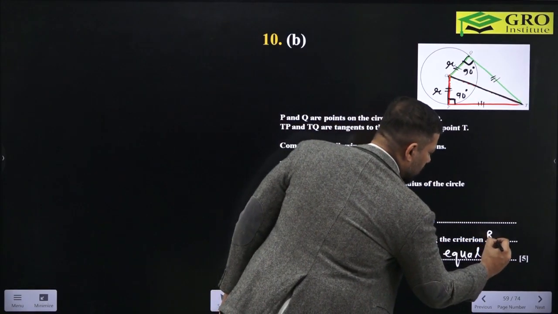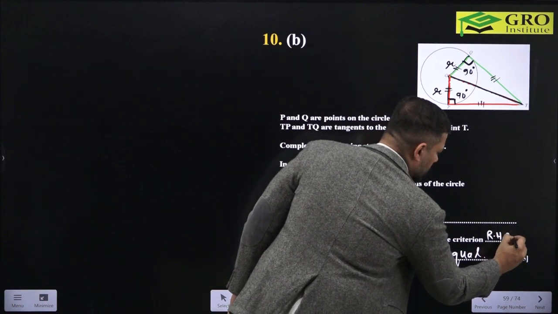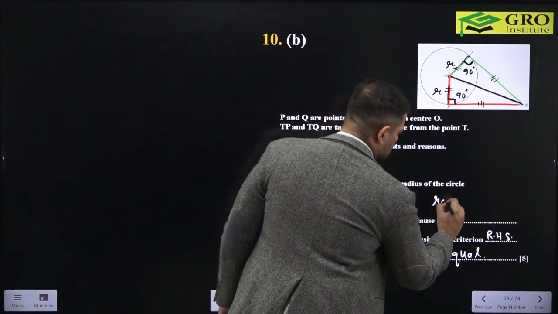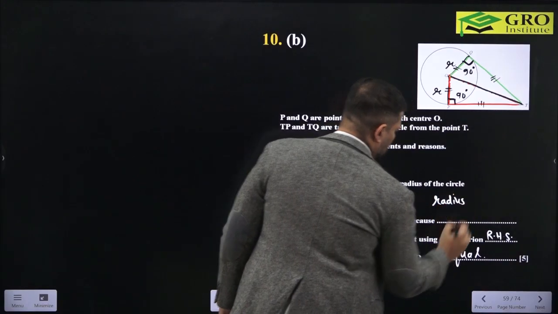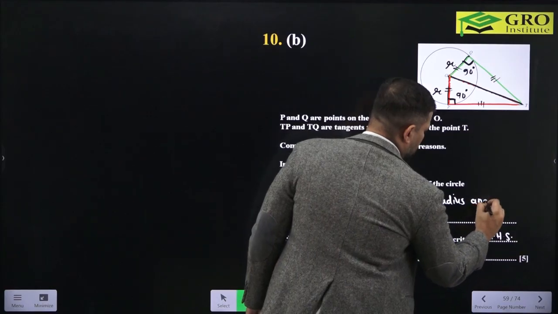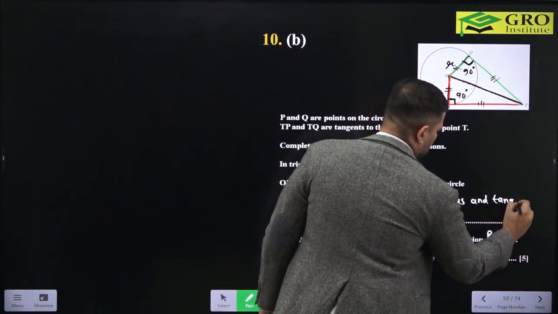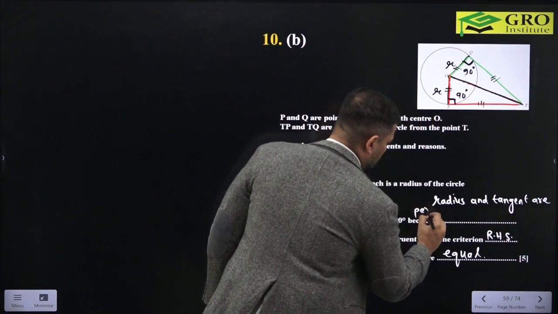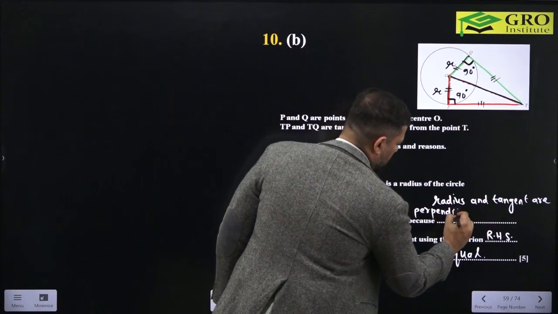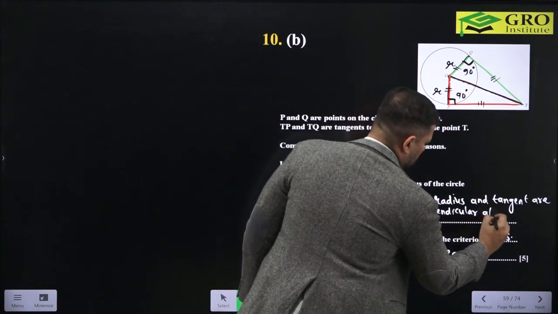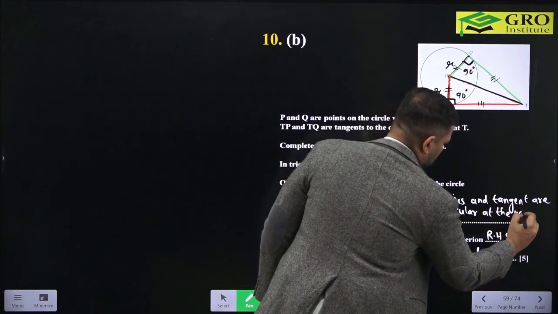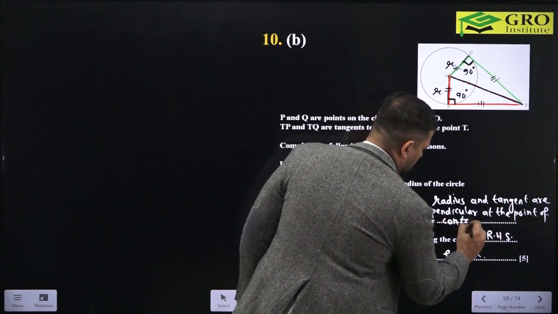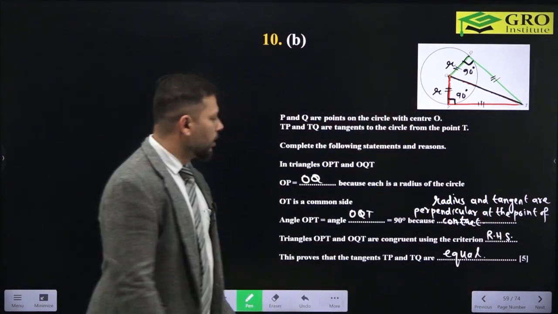This was RHS criteria, and there we should write, because radius and tangent are perpendicular at the point of contact, right? So these are the reasons.